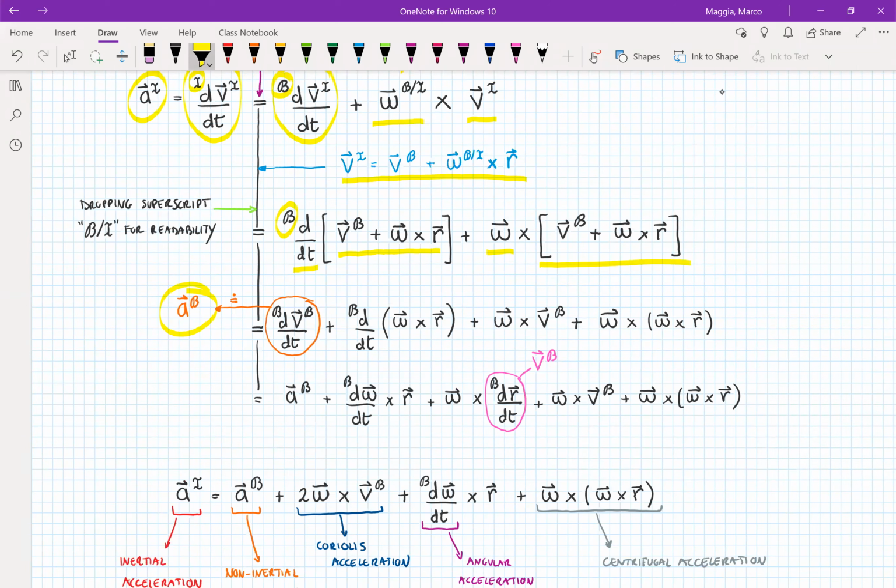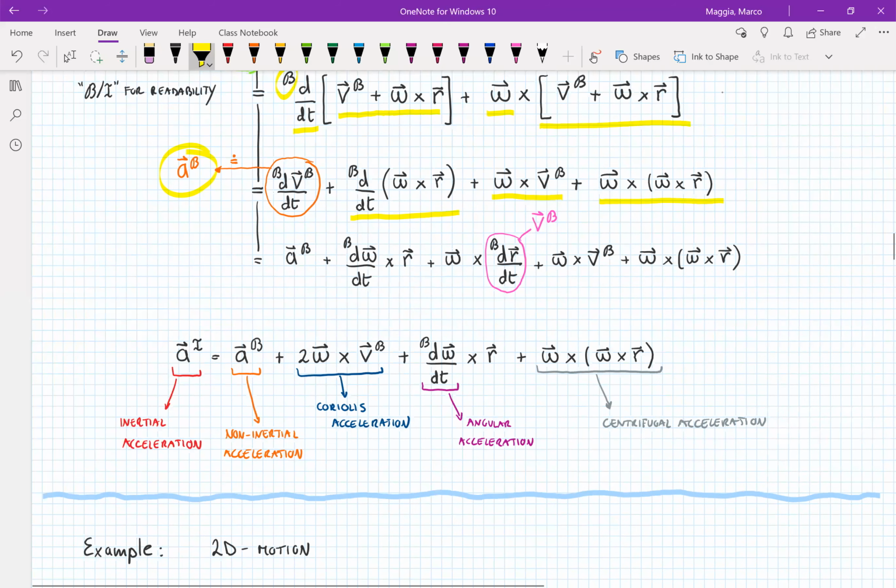Then we have the time derivative of the cross product omega cross R, then we have omega cross VB plus omega cross product R.